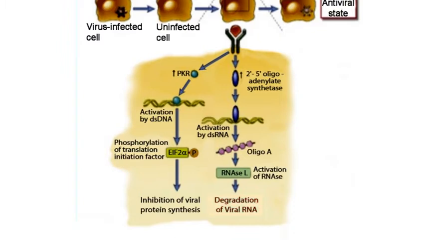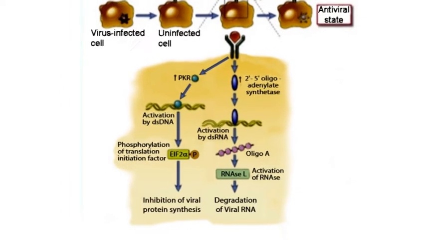Other gene products also have roles in inhibiting viral replication. Another gene product is a specific protein kinase called double-stranded RNA-dependent protein kinase or PKR, which inactivates protein synthesis and thus blocks viral replication in infected cells.